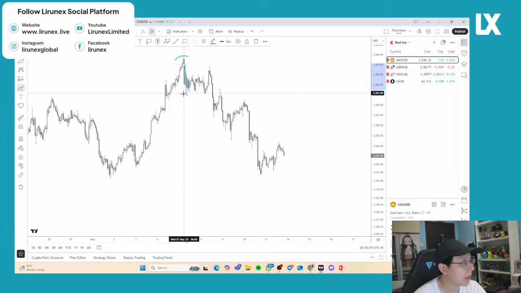The market came down from a low, pulled back, and then we have a break of structure. The market broke and closed below that in this time frame. Then we continue to move lower, and the market pulls back from a low, and then it breaks through that low.